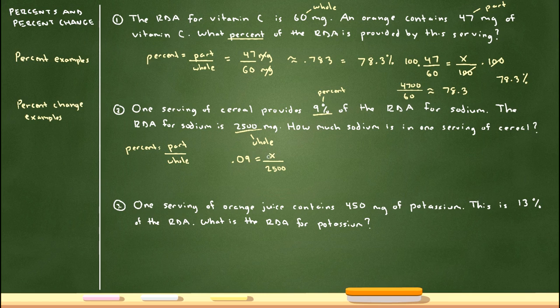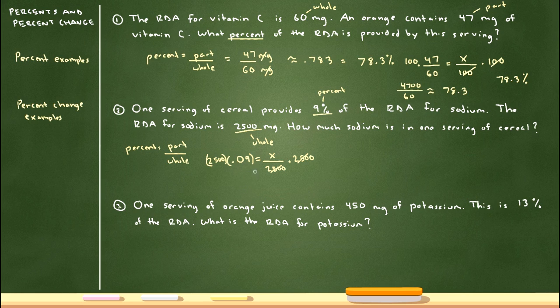Okay, so we need to figure out X here. So how would we do that? Well, since we're dividing by 2,500 here, we want to apply the inverse operation with the same number to get rid of it, which would be multiplication. So those cancel, and we do the same thing on the left side to keep the equation balanced.